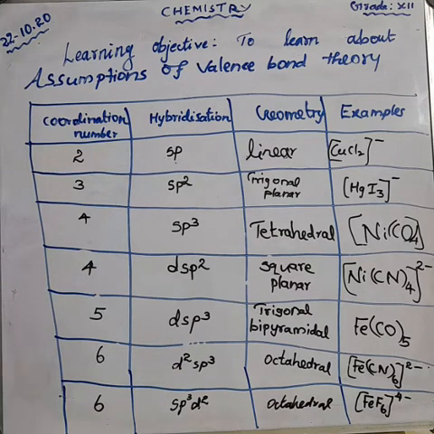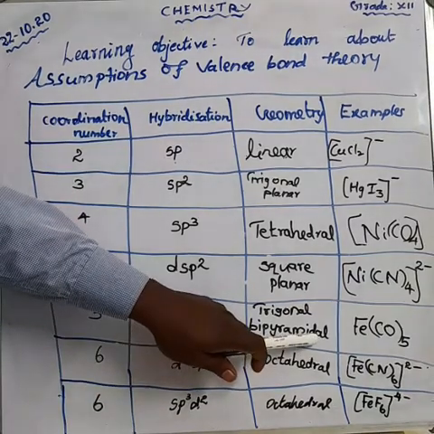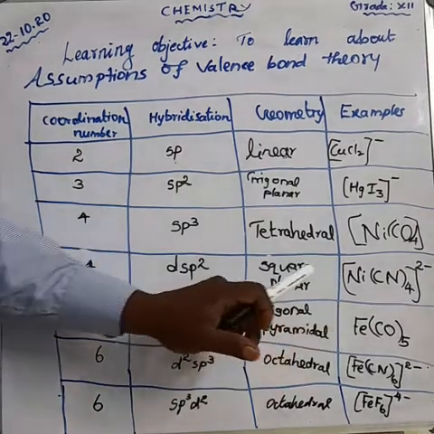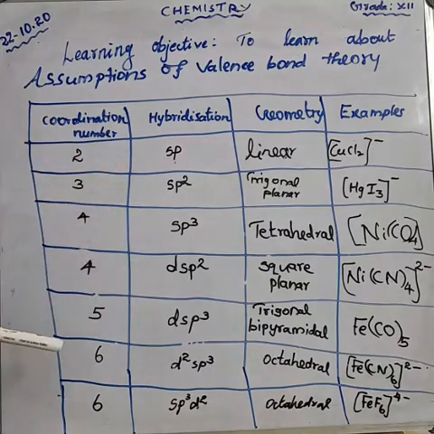Let us discuss the 7th point. One more point: what is the other name of the inner orbital complex? Low spin complex, and another name is spin paired complex. So inner orbital complex means low spin complex or spin paired complex.